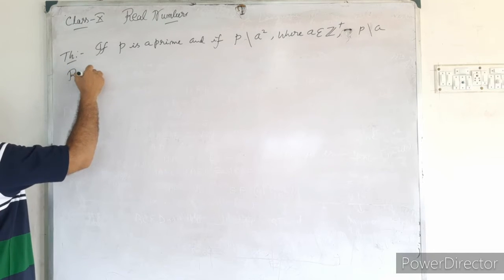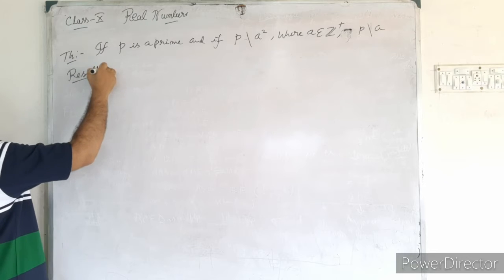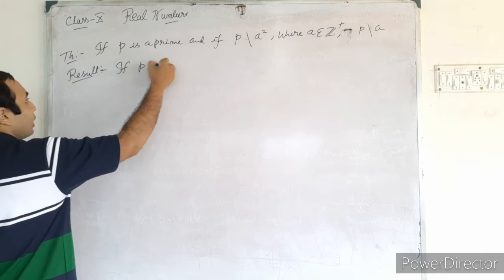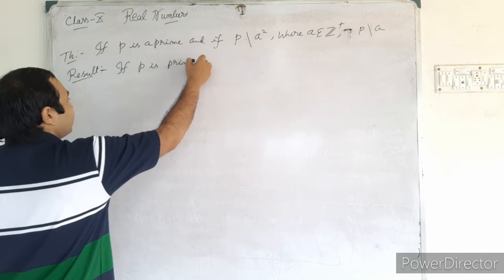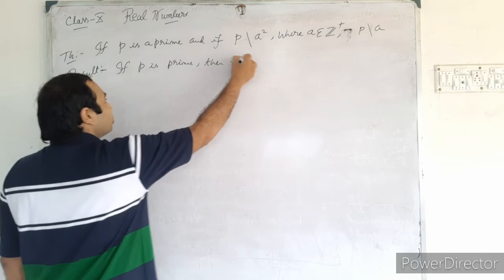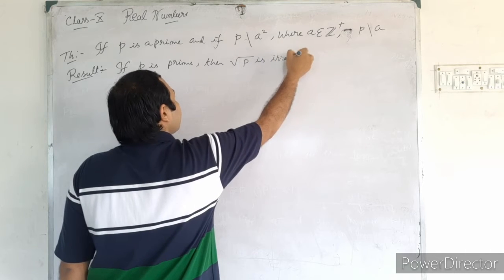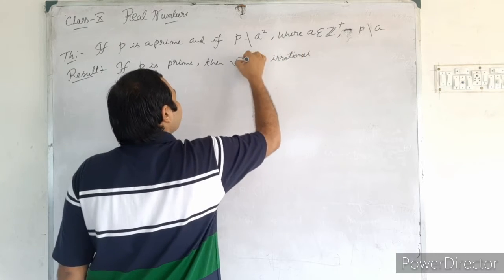Actually, this is a well known result that you have to prove: if P is prime, then root P is irrational.